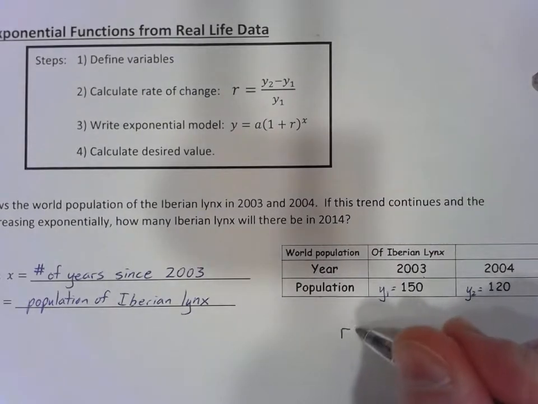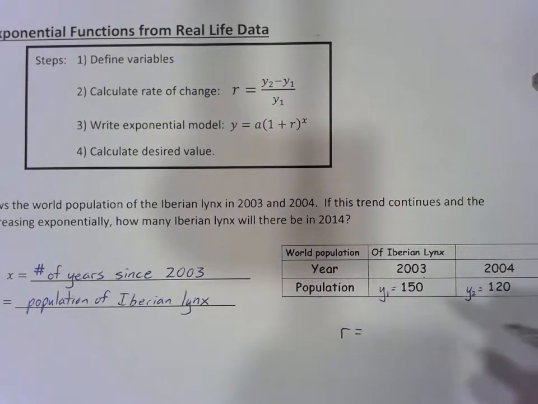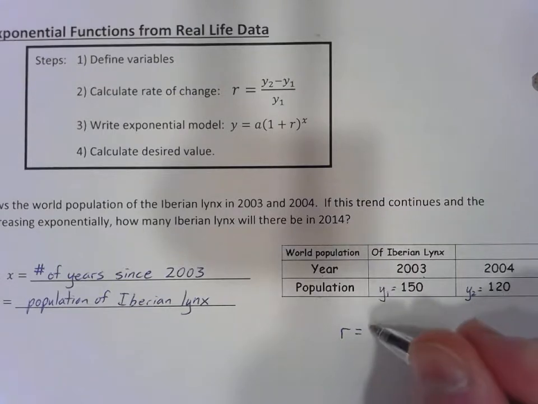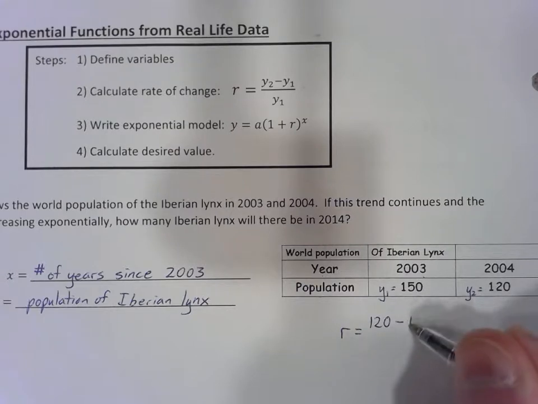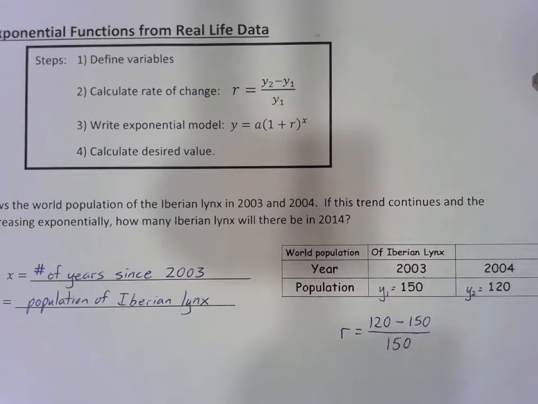So r is equal to y sub 2, 120, minus y sub 1, 150, divided by y sub 1, 150. 120 minus 150 is negative 30.